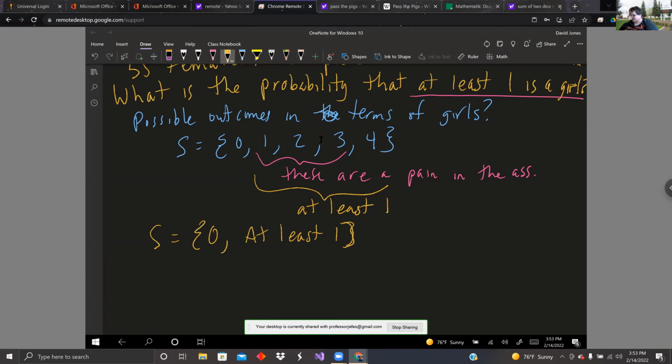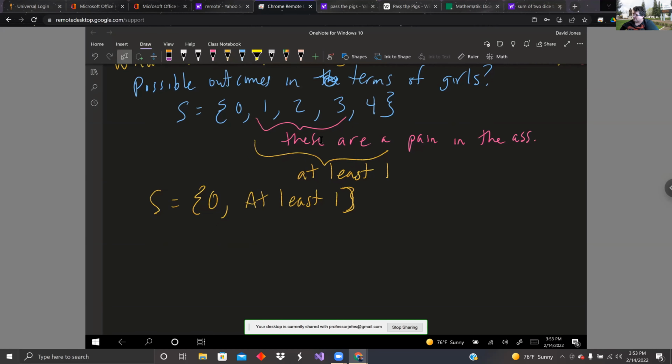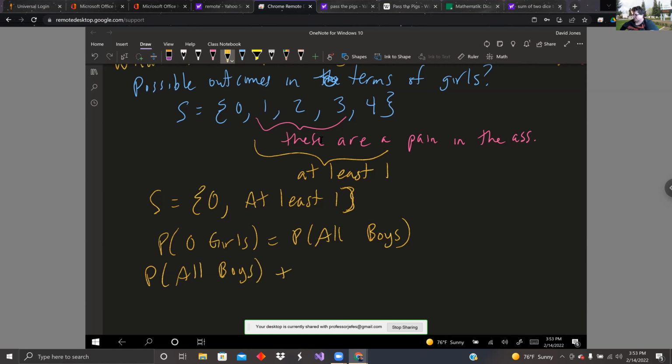And at least 1 is a pain to calculate. 0 is not. Probability of 0 girls, which is all boys, right? I have the probability of all boys plus the probability of the complement, not all boys, equals 1.